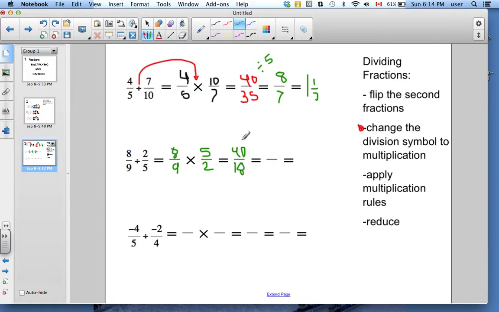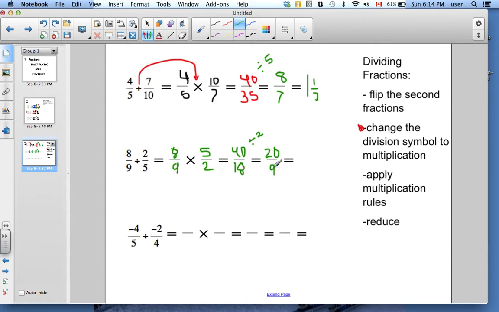From here, you have to figure out what 40 and 18 are both divisible by. So we can divide these numbers by 2. If we divide both of them, our numerator and our denominator, by 2, 40 divided by 2 gives us 20. 18 divided by 2 gives us 9.